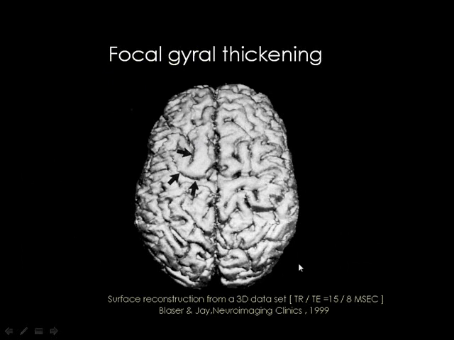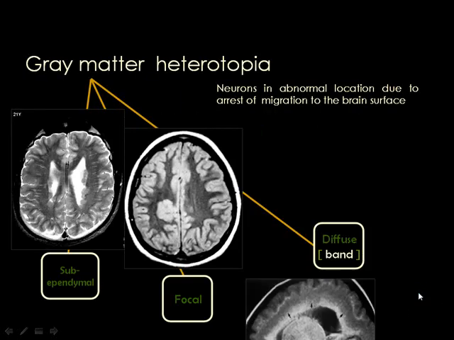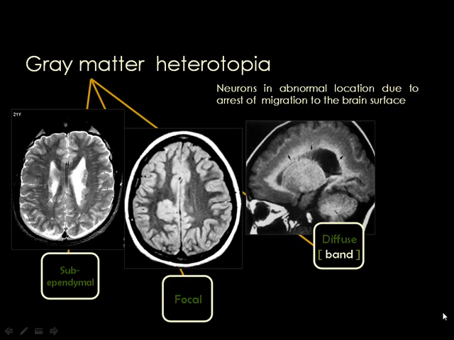This can also be discriminated or seen better by the surface reconstructed 3D MRI images, where you can see the marked thickening of the gyri and the few sulci in the region of pachygyria. Then we said that heterotopia, which means abnormal location of the gray matter, can be presented in two forms.